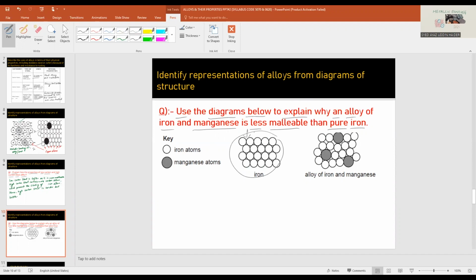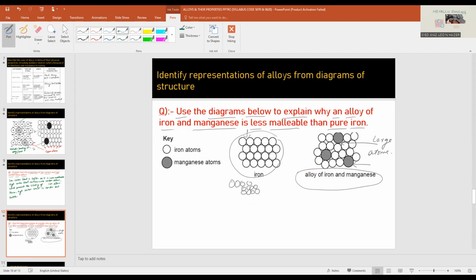So when we apply a force, this layer will slip, which means the shape will change. On the other hand, in an alloy, the larger atoms stop the layers from sliding. So this is alloy of iron and manganese. Here, these are large atoms. They prevent the atoms from sliding over one another.